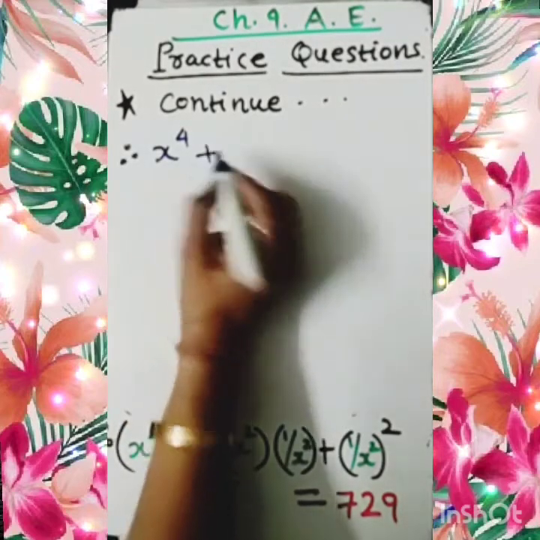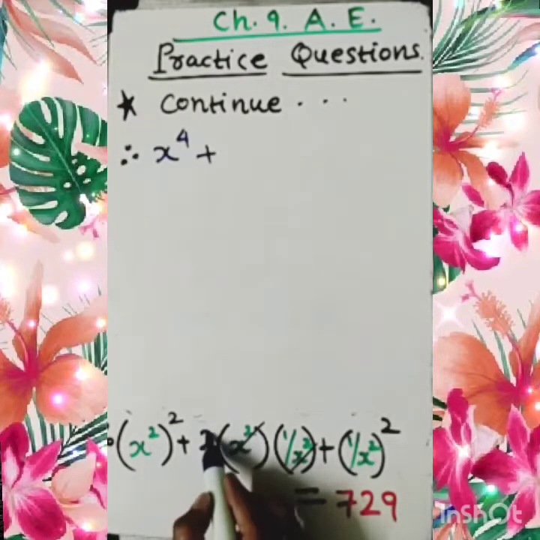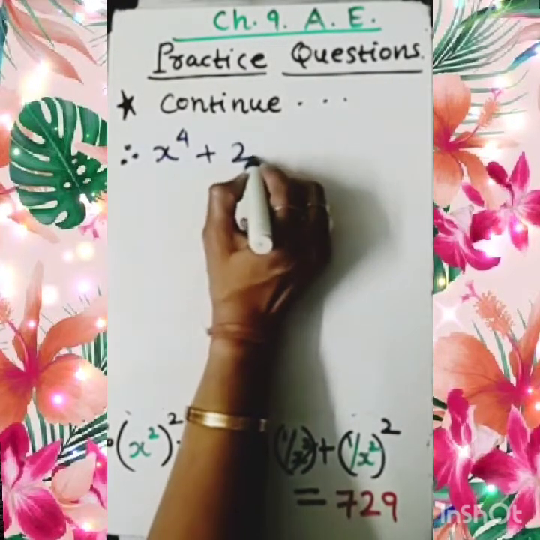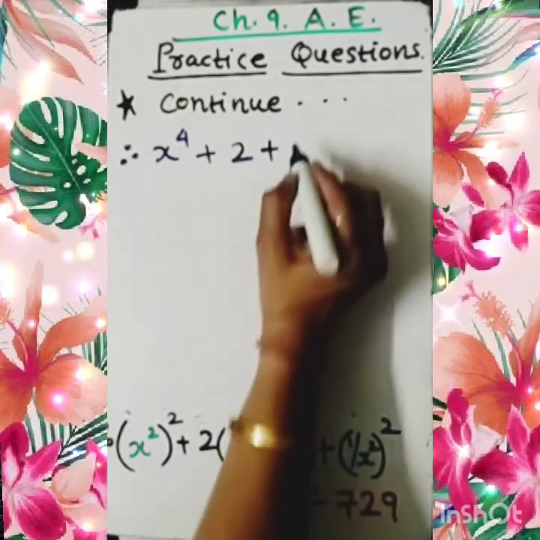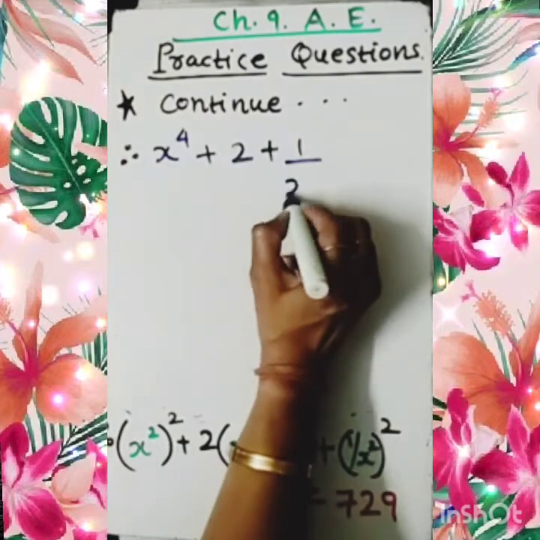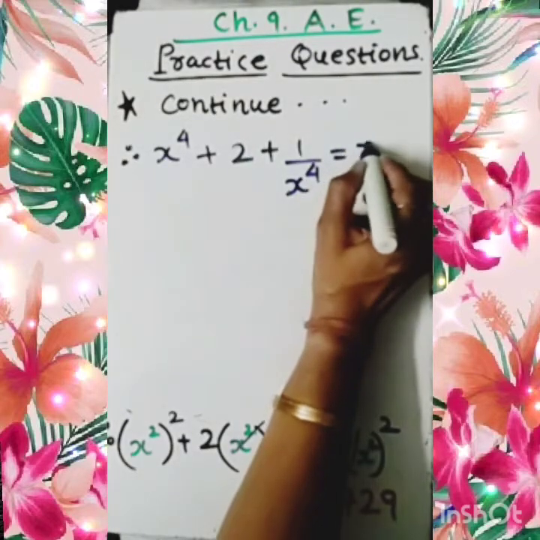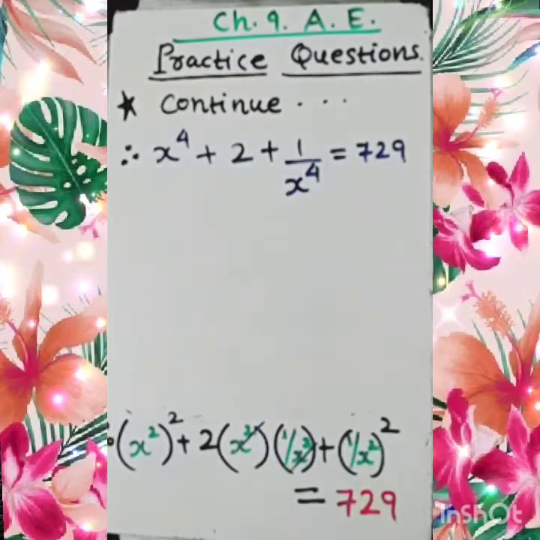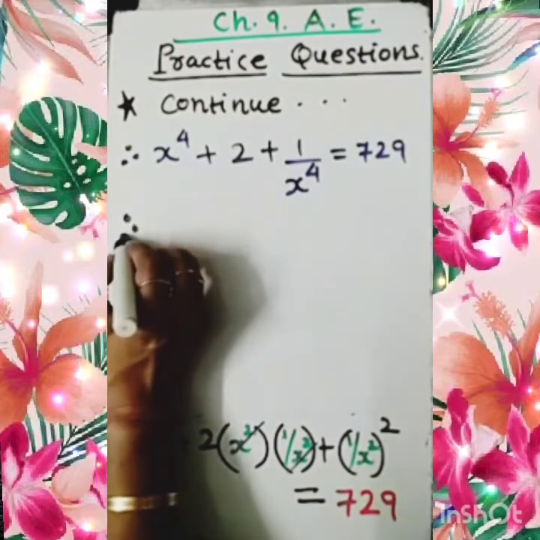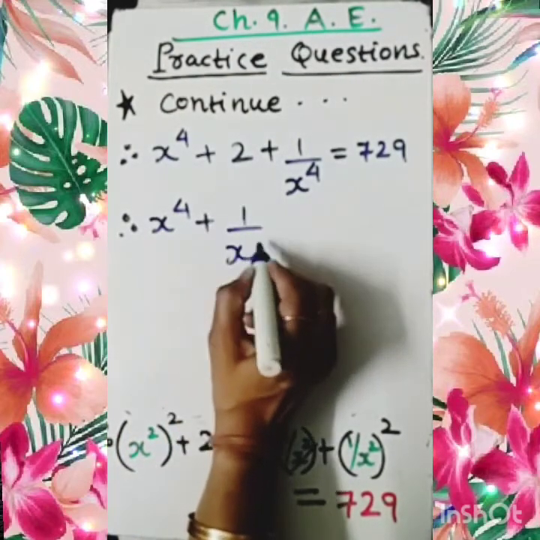What about this numerator and denominator? The x square cancels. So 2 into 1 is 2, and here it is 1. What about x square? It's a square, it gives the result x to the power 4, and it is equal to 729. Therefore, next step we mention x to the power 4 plus 1 upon x to the power 4.